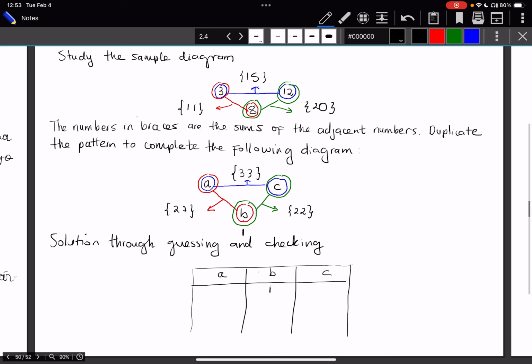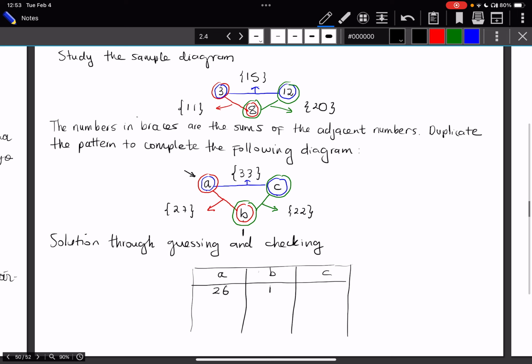We would need to have that whatever we put in a added with 1 gives us 27. The only possible choice for a is 26. 26 added with 1 gives us 27. Okay, so by fixing b arbitrarily, we have found a.